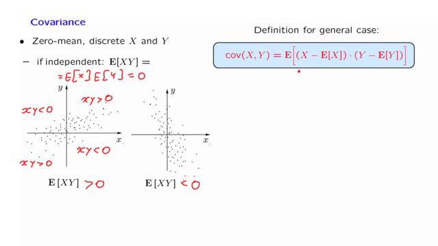What we have here is that we look at the deviation of X from its mean value and the deviation of Y from its mean value, and we're asking whether these two deviations tend to have the same sign or not, whether they move in the same direction or not.